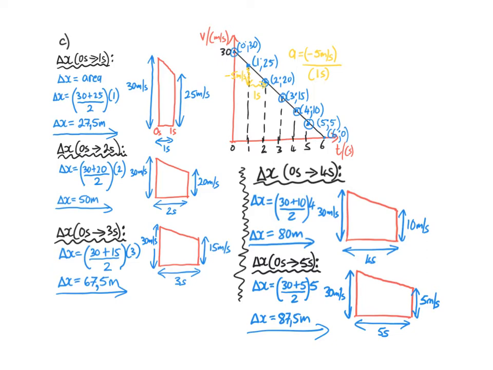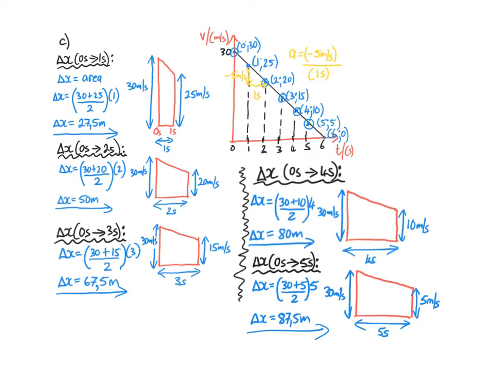Now, in order to generate a position versus time graph, we need several points in order to be able to plot it. So what I've done here is I have chosen these points on the velocity time graph in such a way that each point is at 1 second increments from the previous point.